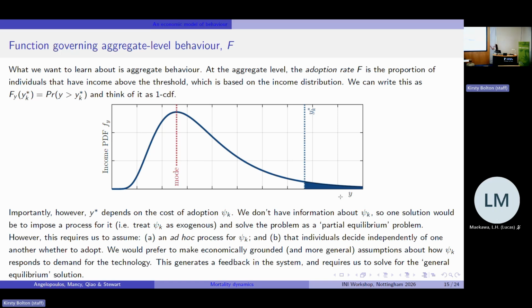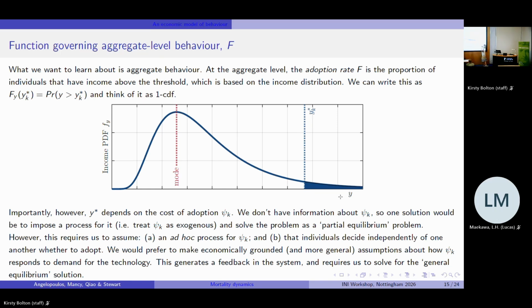So if we think of this, so this is the income distribution. If you'll excuse that Y is on the x-axis, that's the income. Then if this is the income distribution, and that's a kind of typical sort of shape for an income distribution, then what happens is that we pick up as we move this way. These individuals here are opting in. The individuals with these incomes here are not opting in.